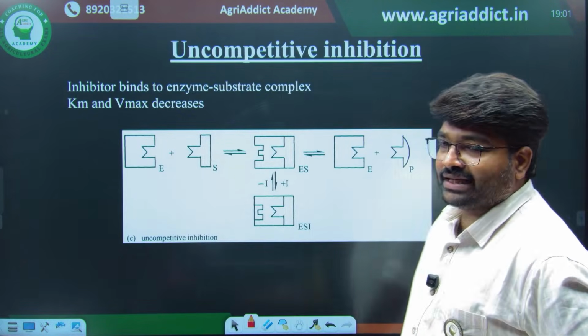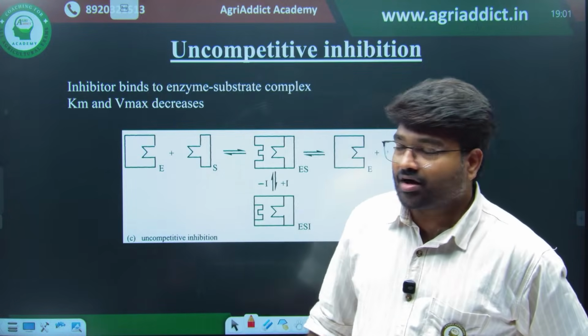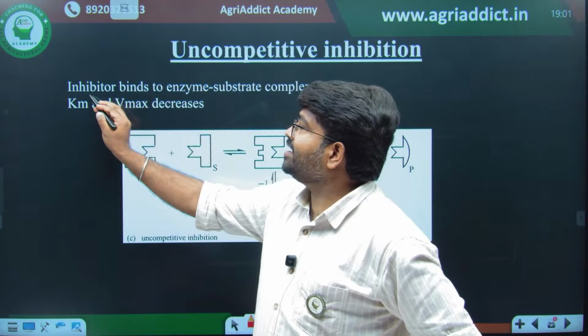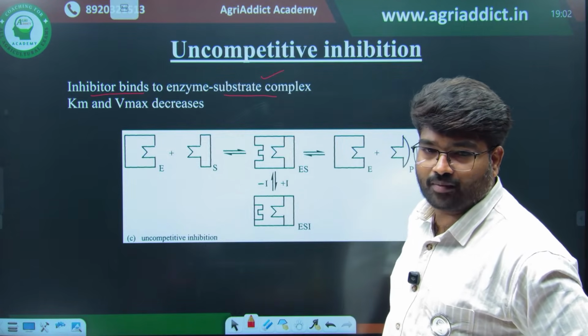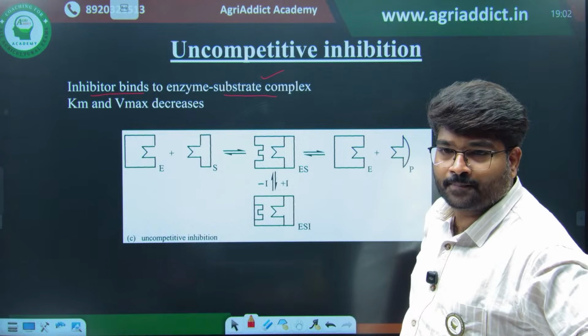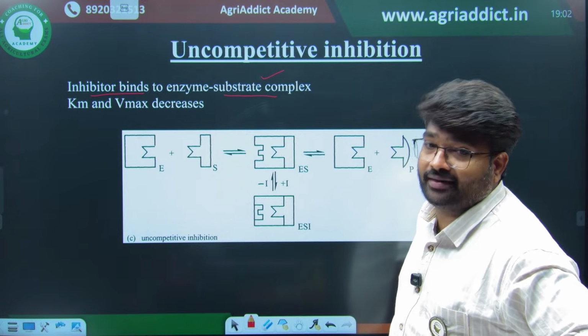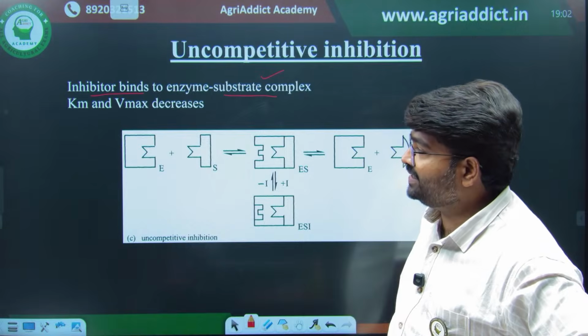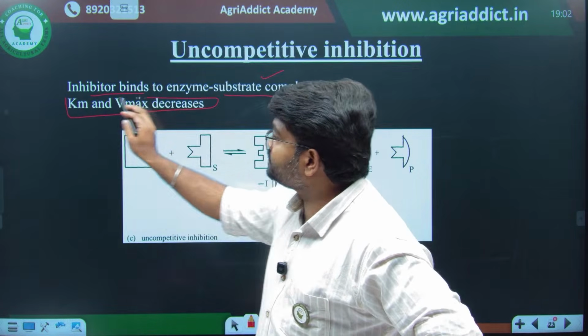Now we are coming to uncompetitive inhibitors. So uncompetitive inhibitors means what? Inhibitors bind particularly to the enzyme-substrate complex. The most important thing you have to remember here is that Vmax and Km both will decrease.